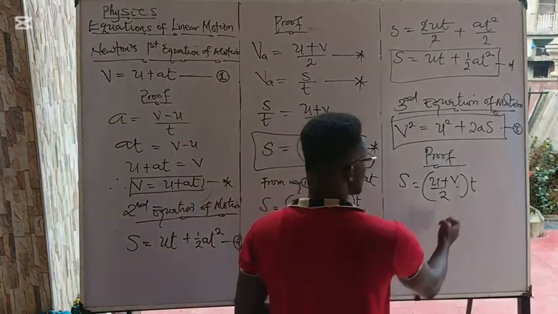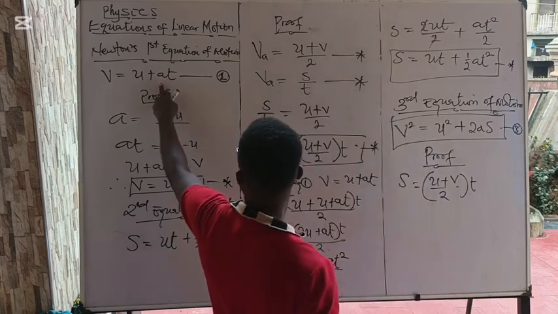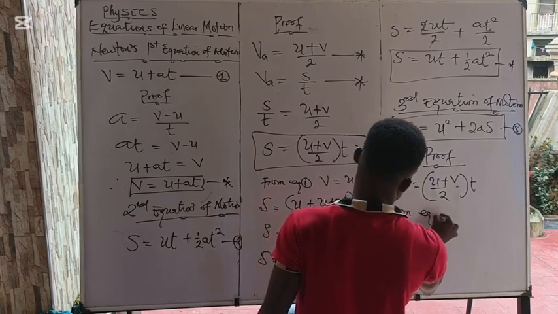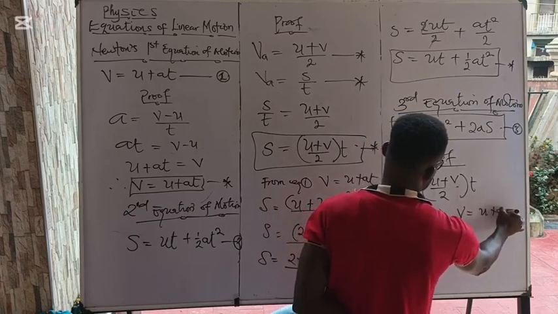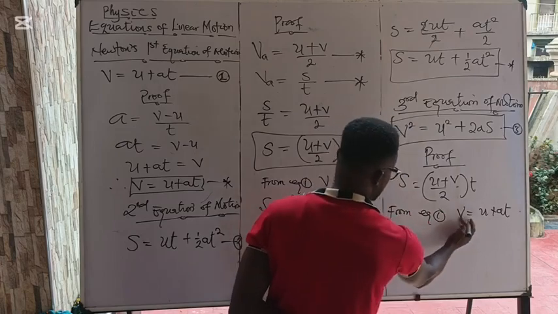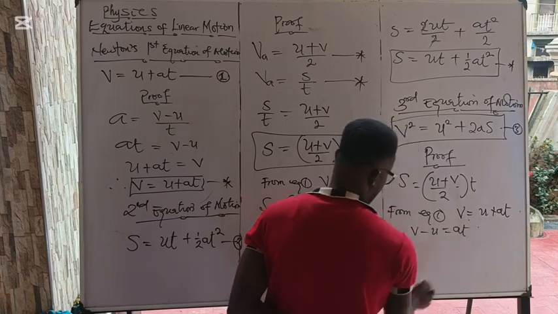Now, from equation 1, I would like you to make t the subject of the formula. This is equation 1. So from equation 1, where we have v equal to u plus at, if you make t the subject, u will cross over, we have v minus u equal to at.